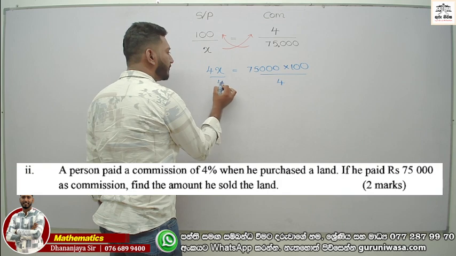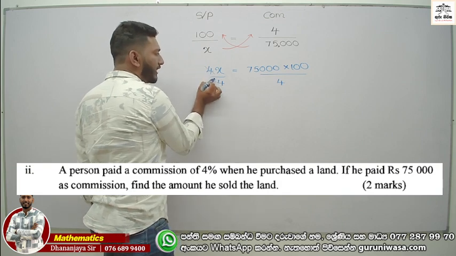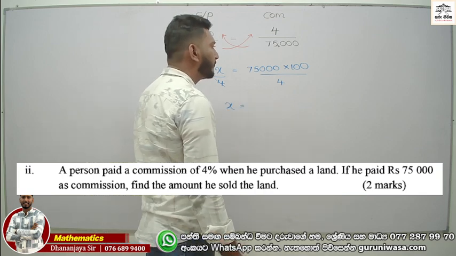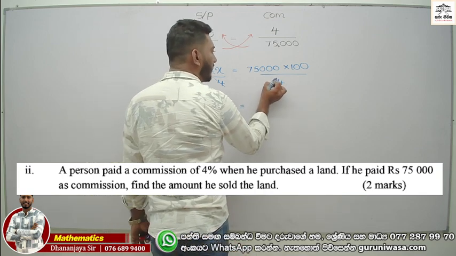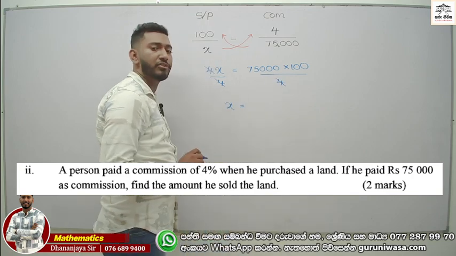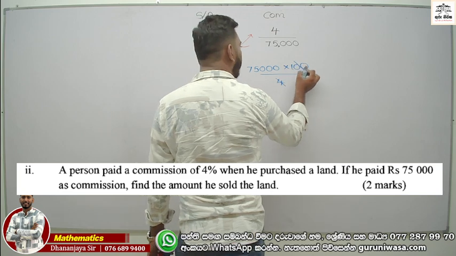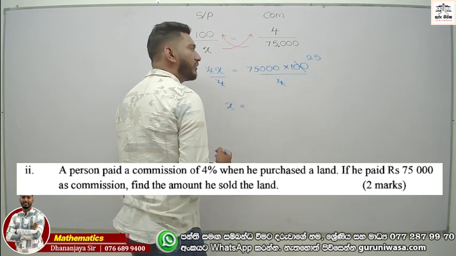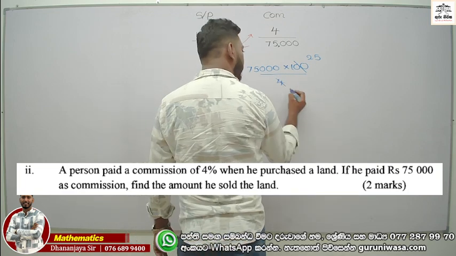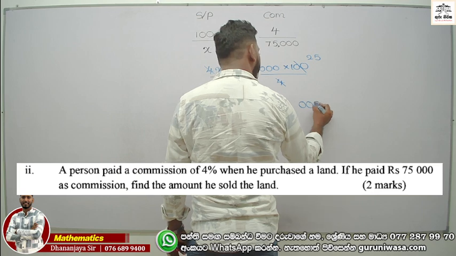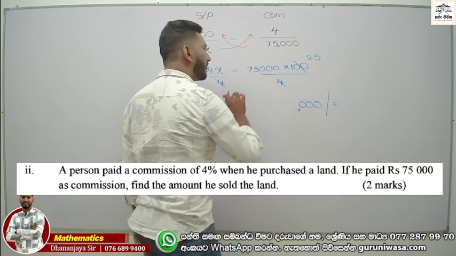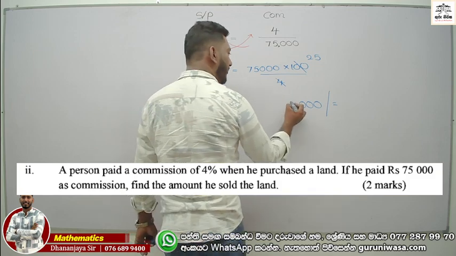The 4 and 4 eliminate. Finally, the value of the land. You can simplify this like 4 times 25 is 100. 25 times is very easy, and put the 3 zeros as the last answer. And 25 times 5 is 125.